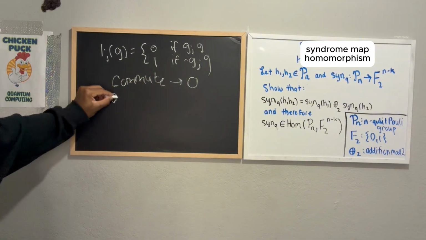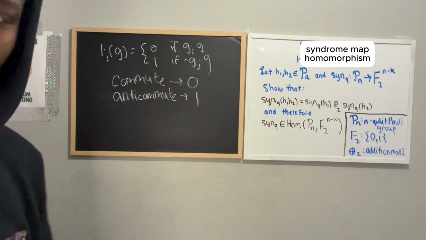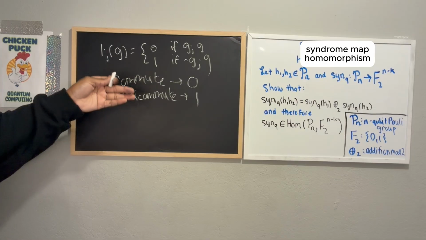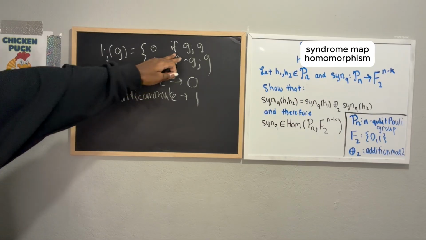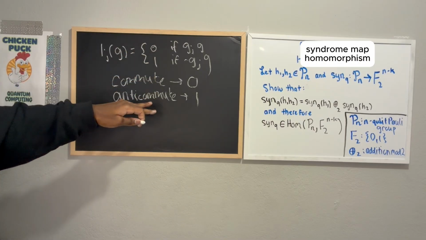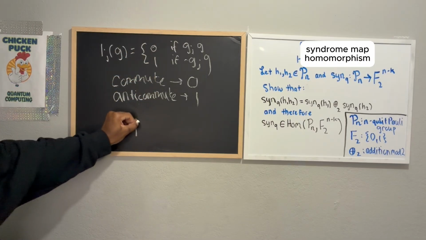If they anti-commute, you get 1. We compare the error G against every stabilizer generator g_j, record either 0 or 1, and then collect those bits into the syndrome.